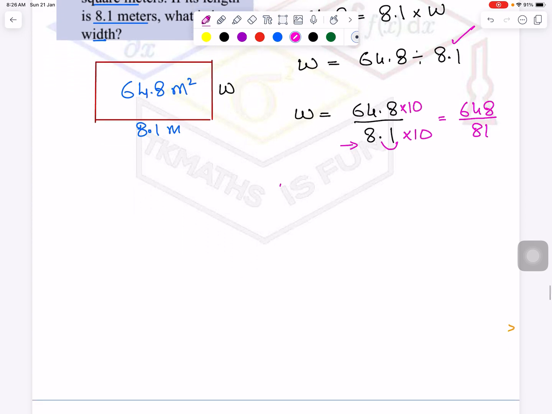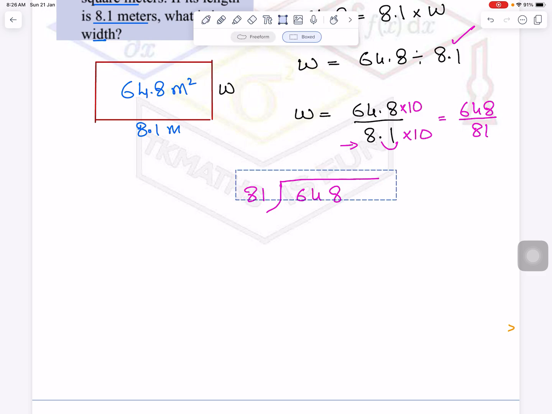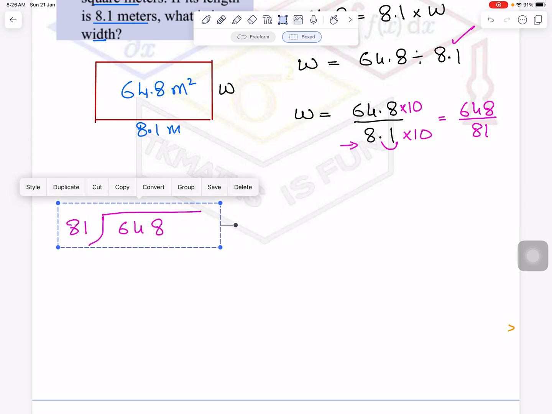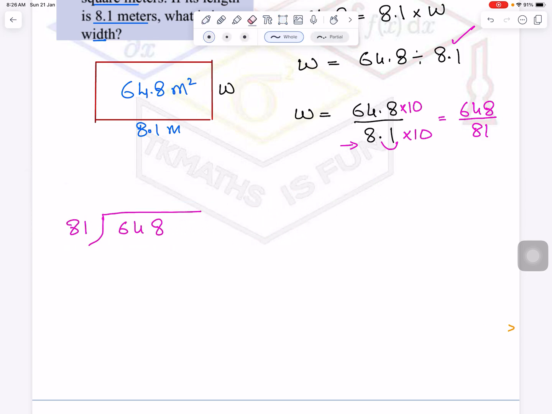So now I will do the long division here, and I will get my width. So 81. Now nobody knows the table of 81, by the way, right? So what do we do in these types of cases? We actually work it out right then and there, right? Let me just move it so that I can apply it here. Okay. Now 81 is a 2-digit number, right?